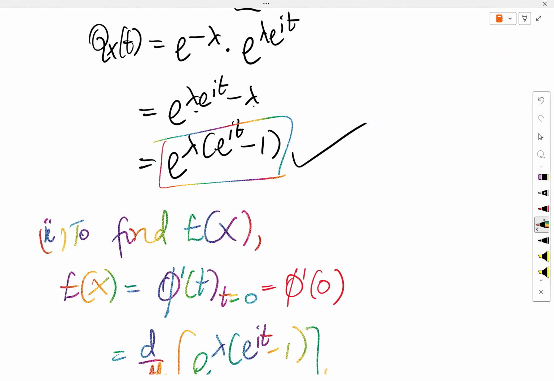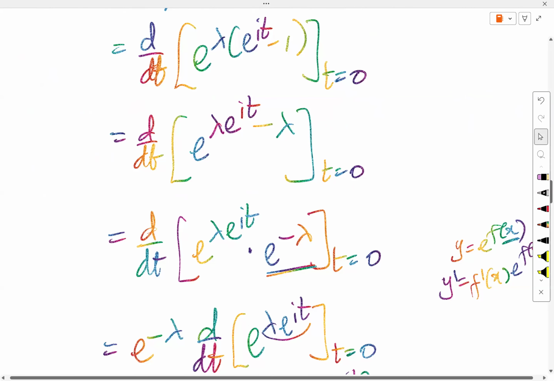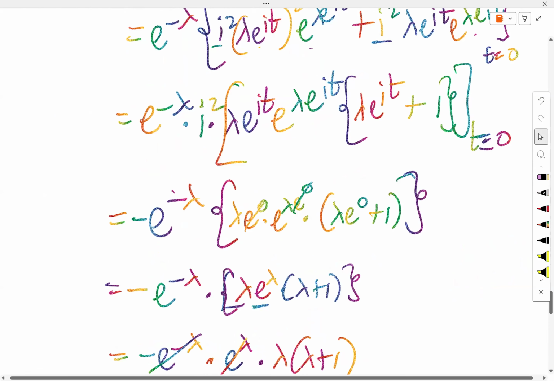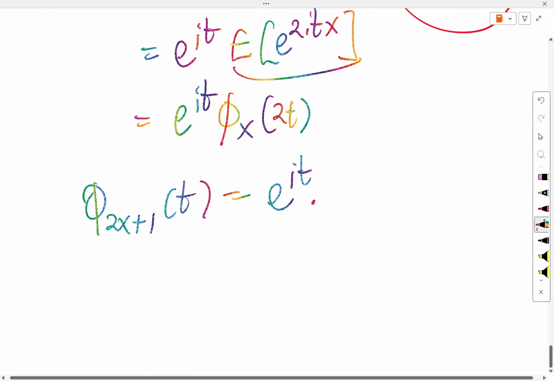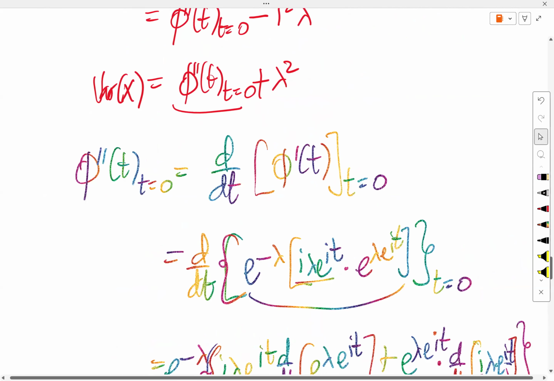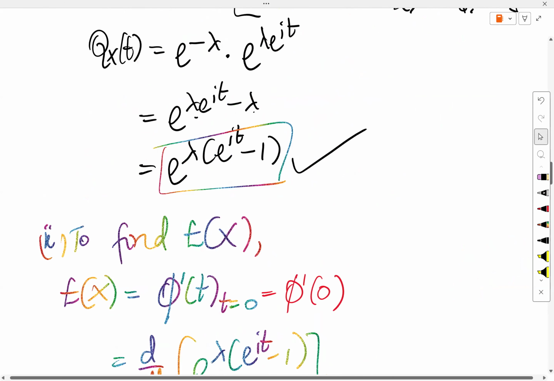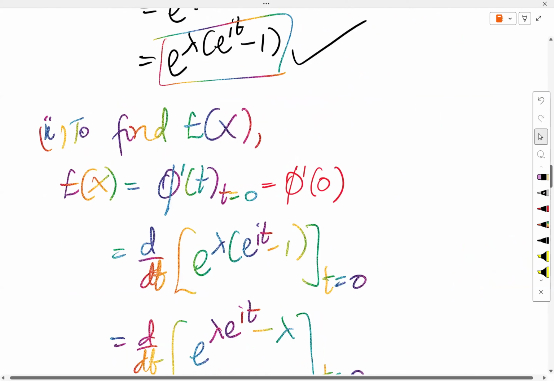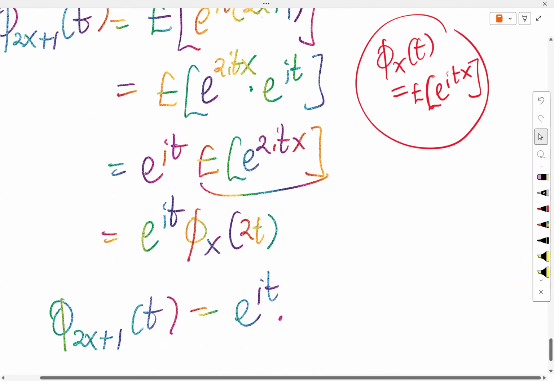The only thing is that instead of it, it will now be 2it. Let me check that again. Yeah, e raised power lambda into e raised to power it minus 1.